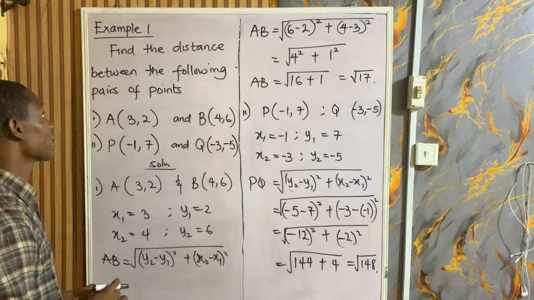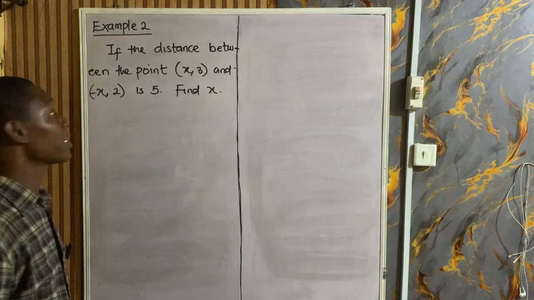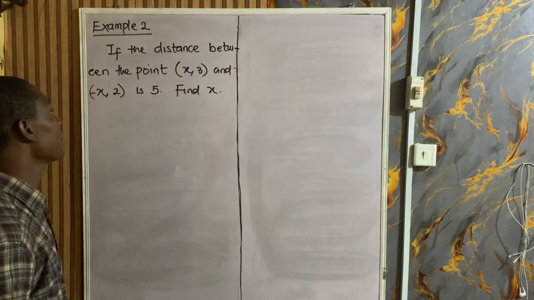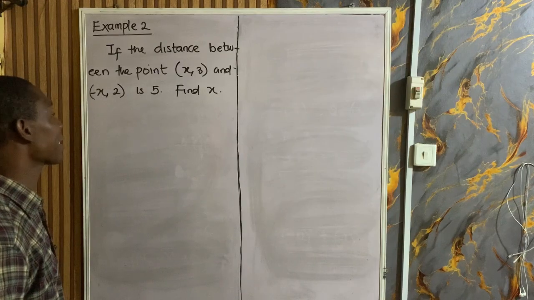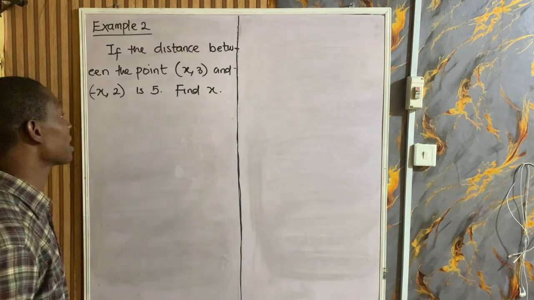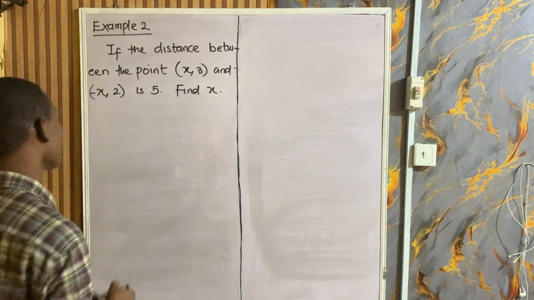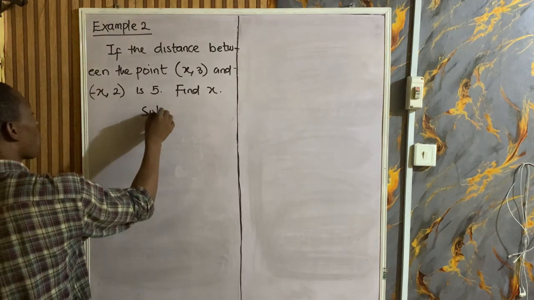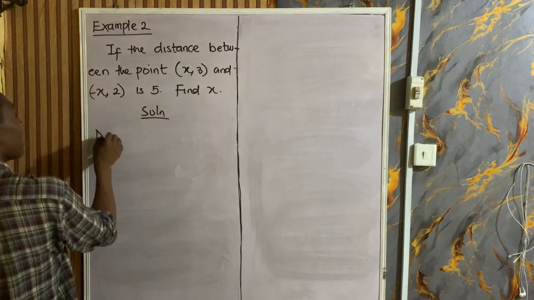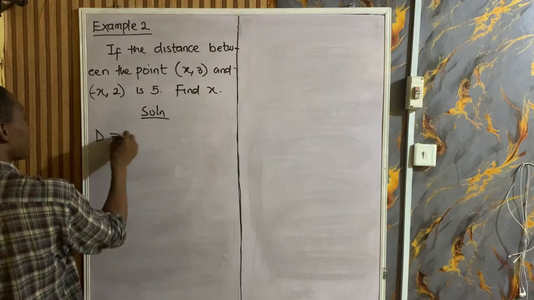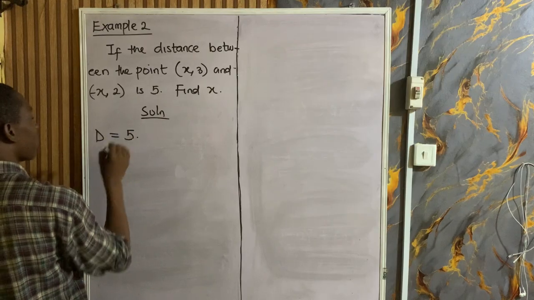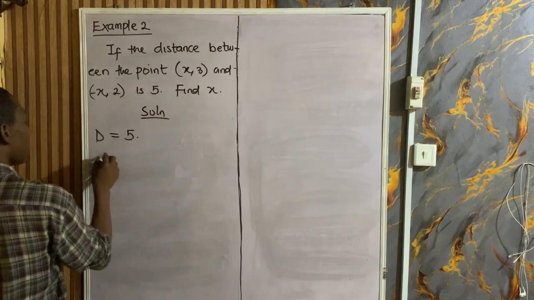That's that. Let's move to example 2. Example 2 says, if the distance between the points (x, 3) and (-x, 2) is 5, find x. For this question, we've been given the distance already, and the distance is 5. And we have 2 points here.